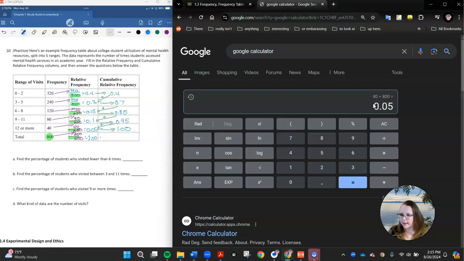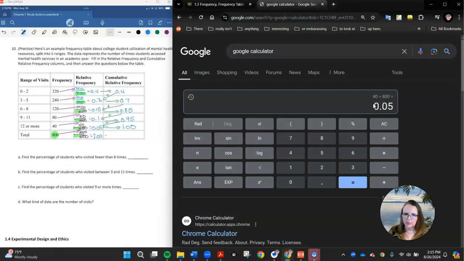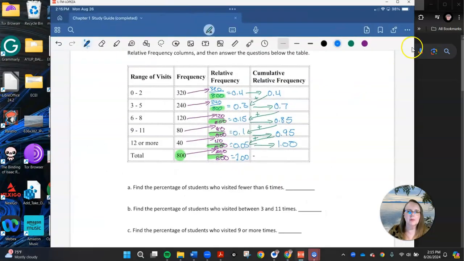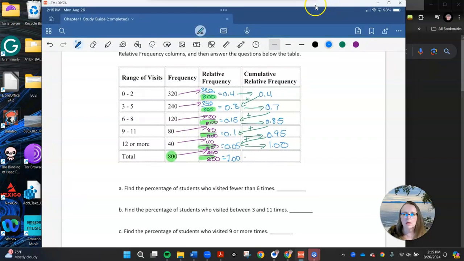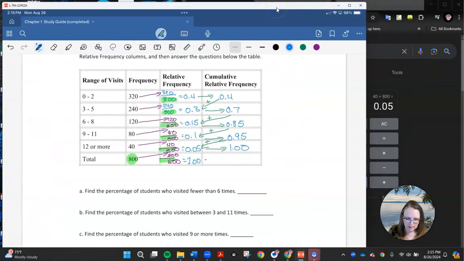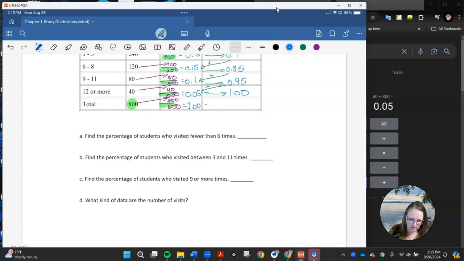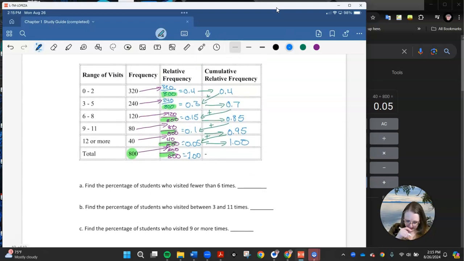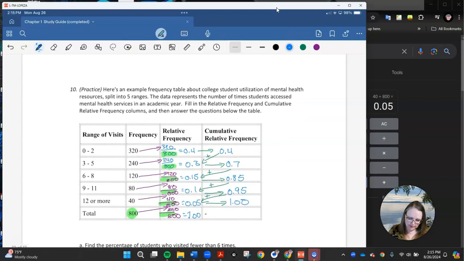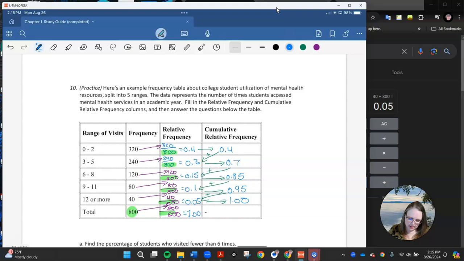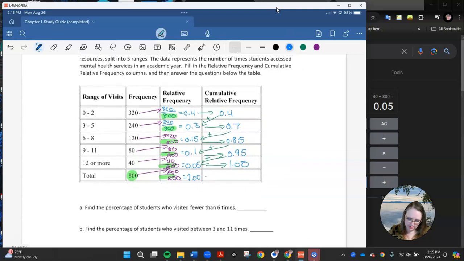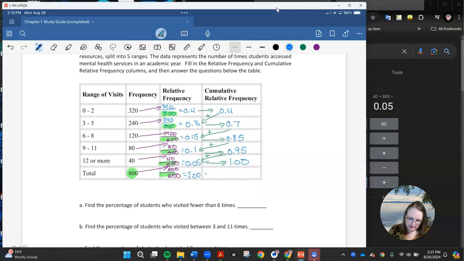And now let's figure out how to interpret those things by answering the rest of the questions here. I'm going to make this bigger in the notes here. So if you want to find the percentage of students, this is students visiting getting mental health resources, the number of times per semester that they did this.